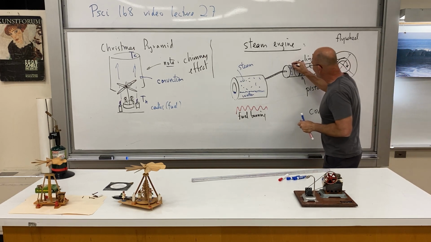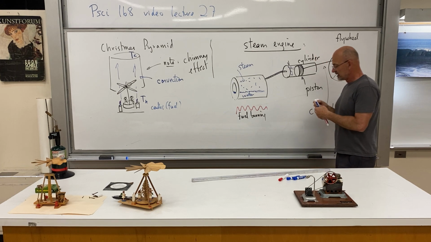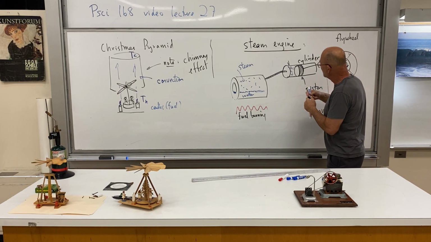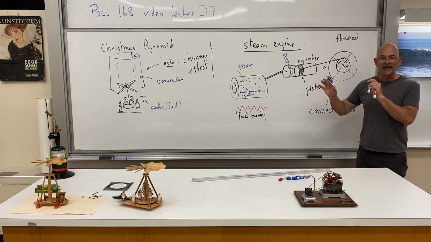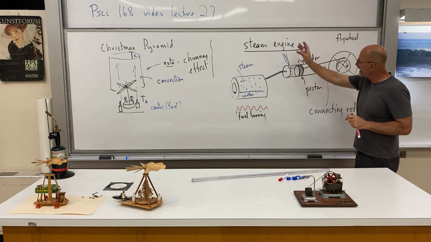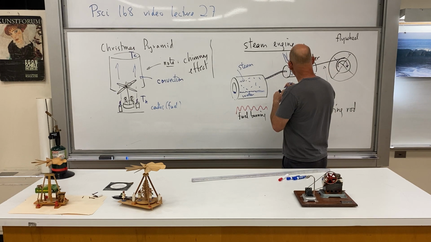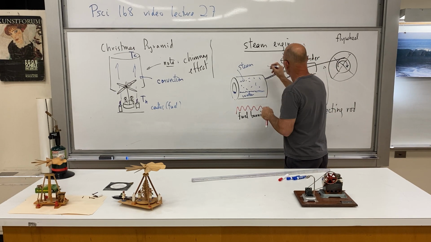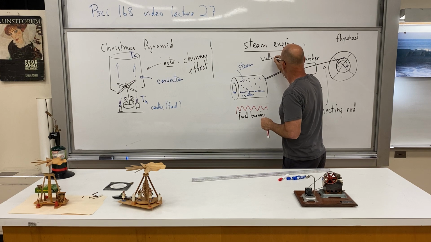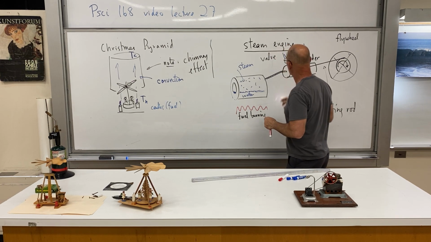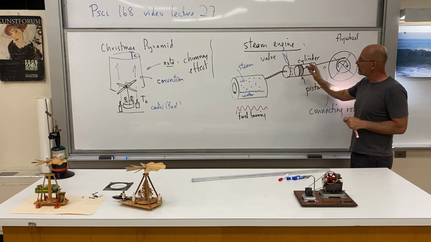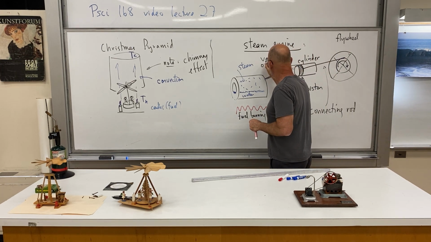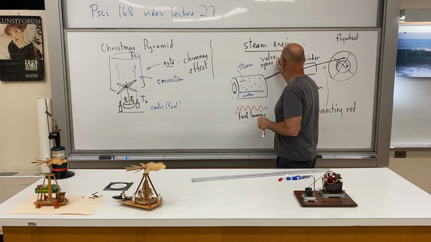What we need here is a valve. And that valve, every half turn, releases the built up steam, the pressurized steam, into the atmosphere. So you have to have a valve here that opens and closes, opens to release pressure, opens to release steam.